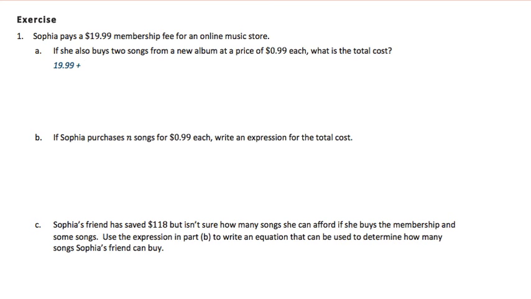She's also purchasing 2 songs at 99 cents each, and we need to determine the total cost, which will be $21.97.